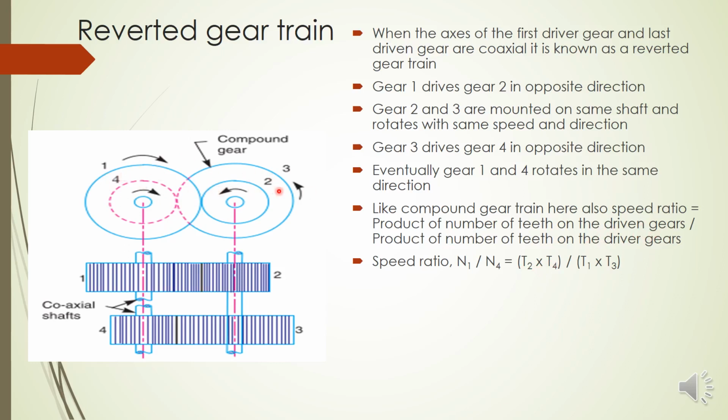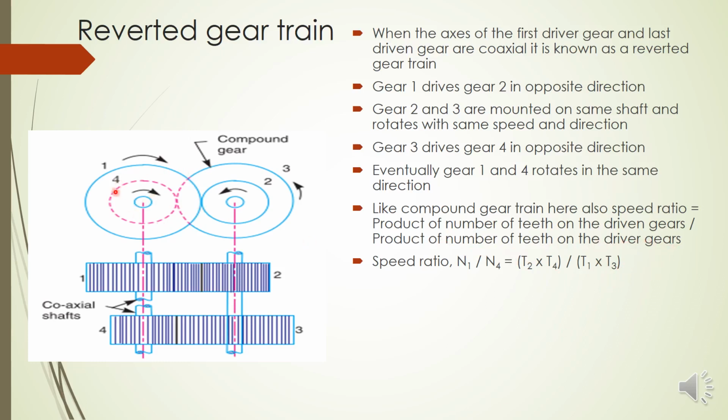Which are the driven gears here among these 4 gears? Yes, 2 is the driven gear because 2 is rotated by 1. Similarly 4 is another driven gear because 4 is rotated by 3. So T2 into T4, divided by what will be the product of number of teeth on driver gears?